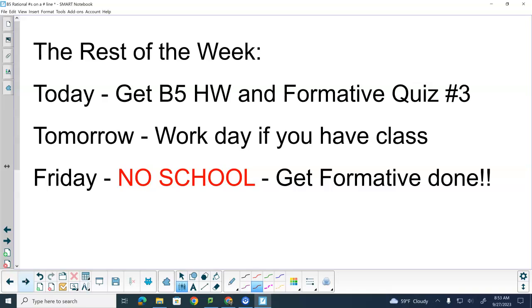Tomorrow will be an in-class work day because the afternoon class doesn't meet, so you'll have plenty of time to get caught up on all the things that you have missing. Do not try and rush through the green worksheet, or the green formative.